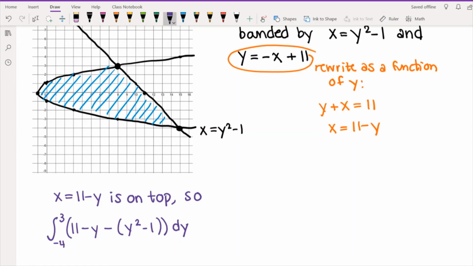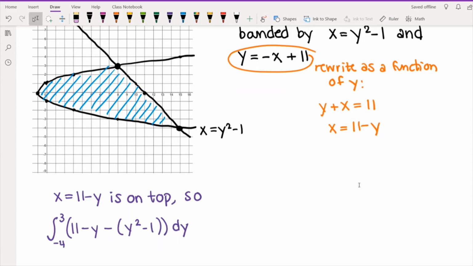So basically, when we go and actually evaluate this integral, one thing I've been trying to emphasize throughout this class is that it really doesn't matter what variable you use, right? Like this integral that we're about to do is the same as if we were to say the integral of 11 minus w squared dw, or 11 minus t squared minus 1 dt.